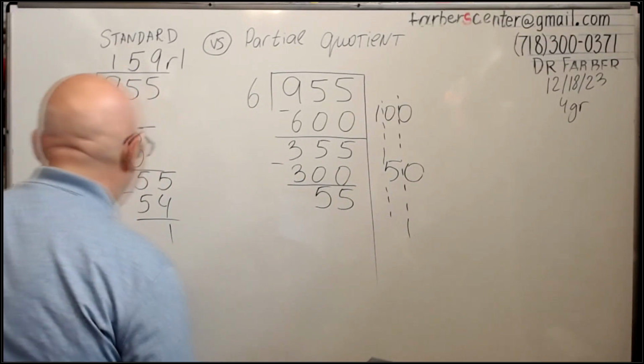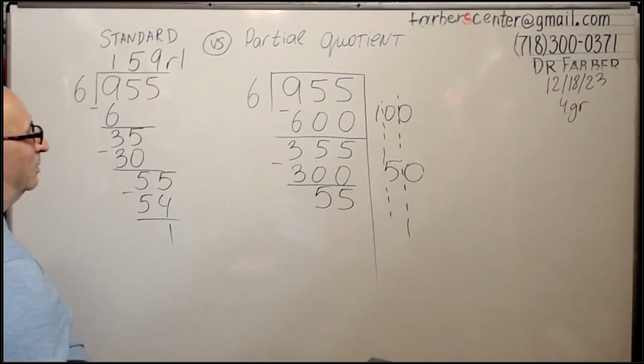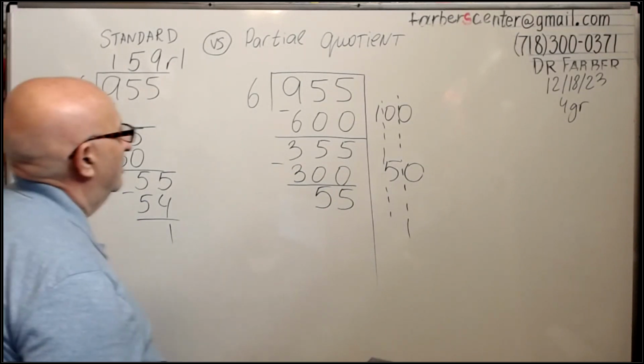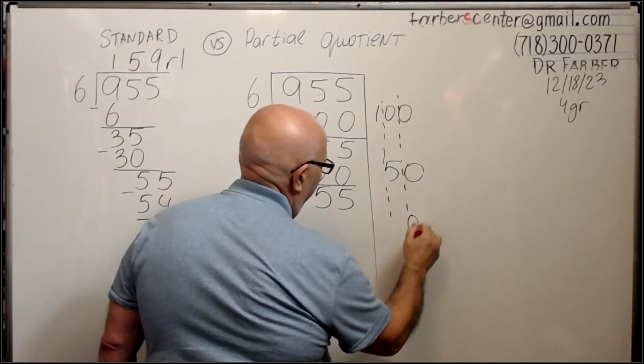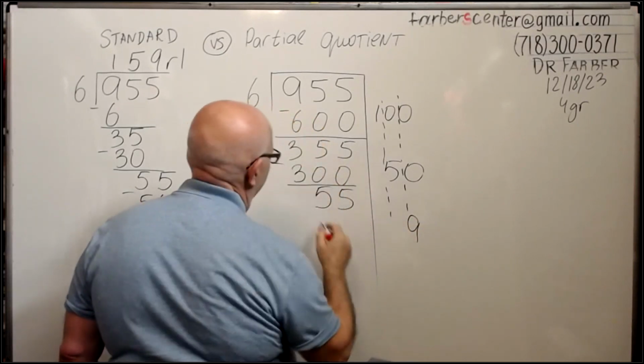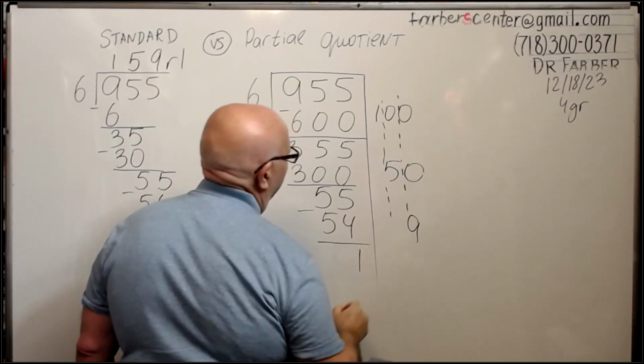Yes. Choose a convenient number. 9 times 6 equals 54, and that's the closest to 55. 55 minus 54 equals 1. Okay, 9 times 6 is 54. You subtract, this is 1.